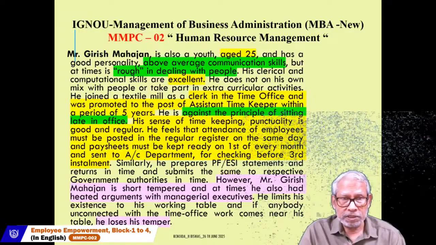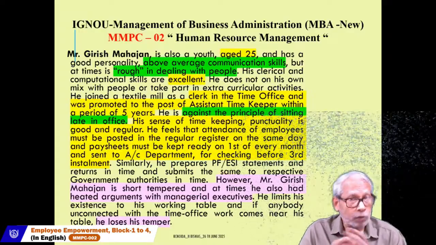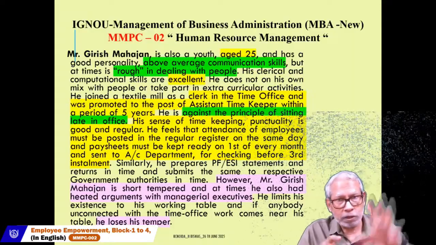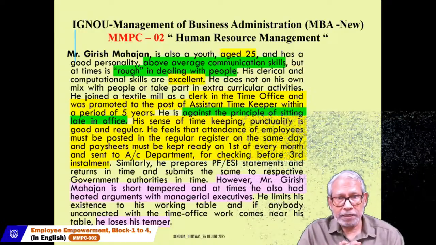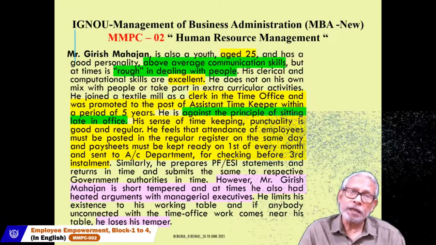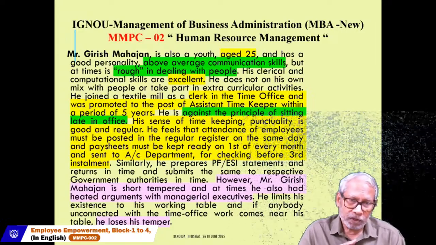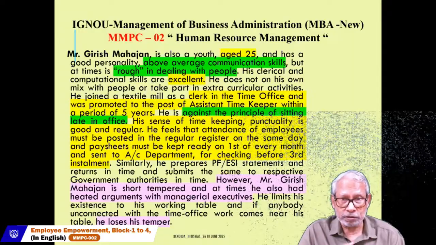However, Mr. Girish Mahajan is short tempered. Now, these are the demerits. He is short tempered and at times has heated arguments with managerial executives. Sometimes he is very argumentative.